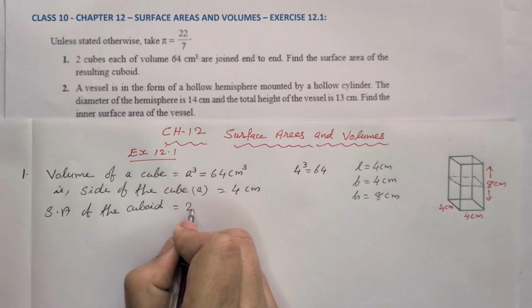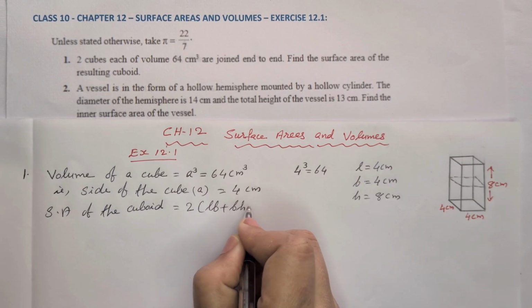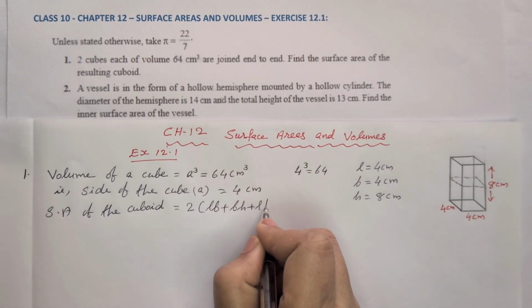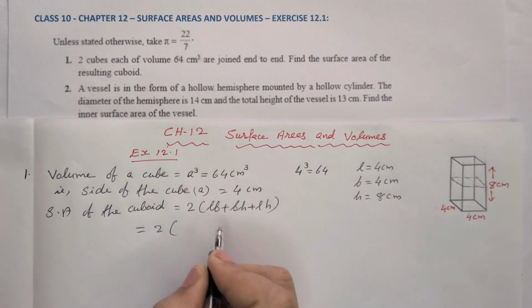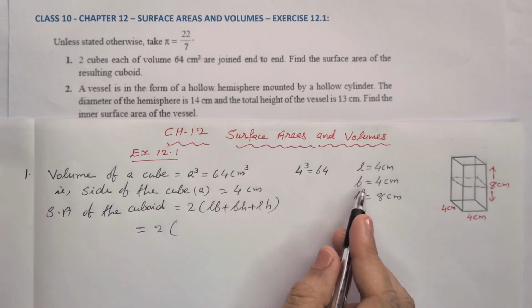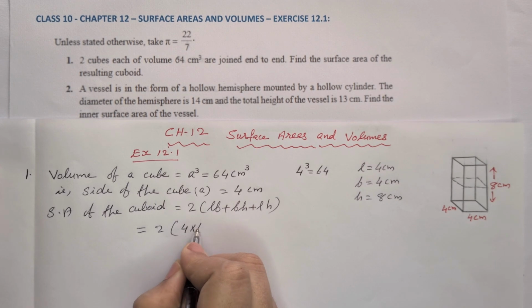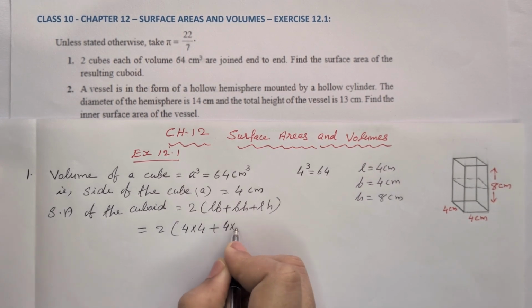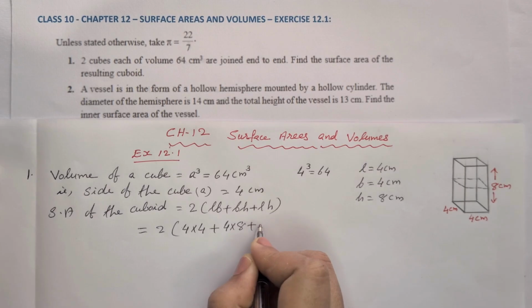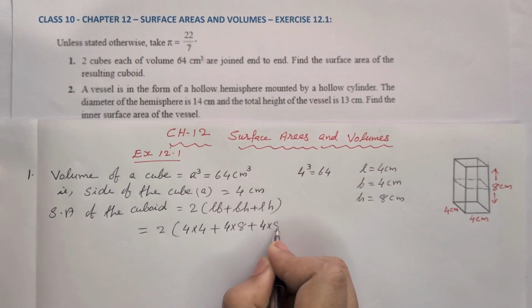is equal to 2 into (LB plus BH plus LH). We can put the values: 2 in bracket, L into B, L and B 4 centimeter each, plus B breadth 4 centimeter, height is 8, plus length is 4 centimeter, height is 8.